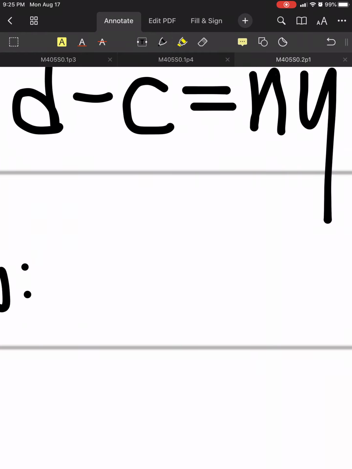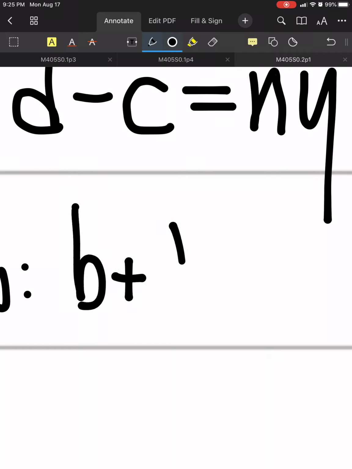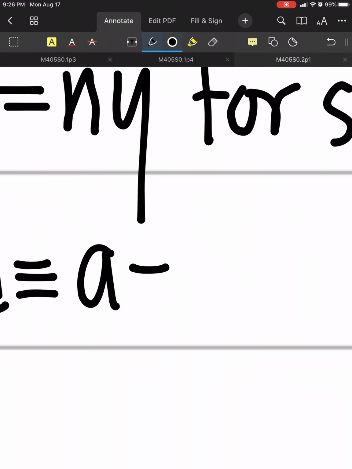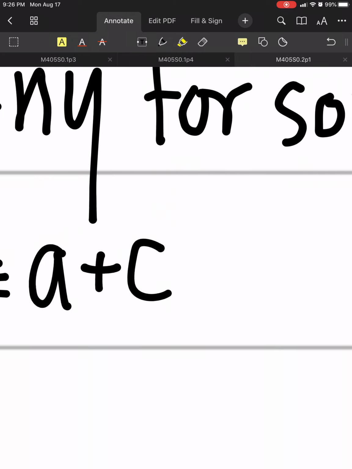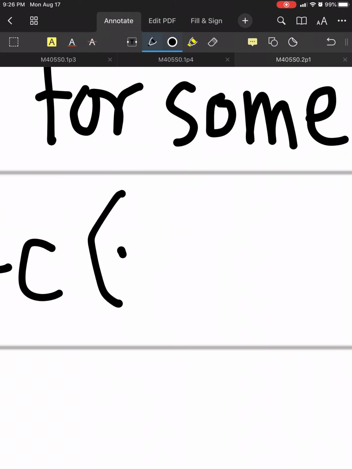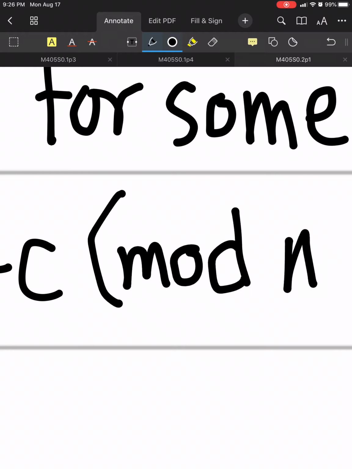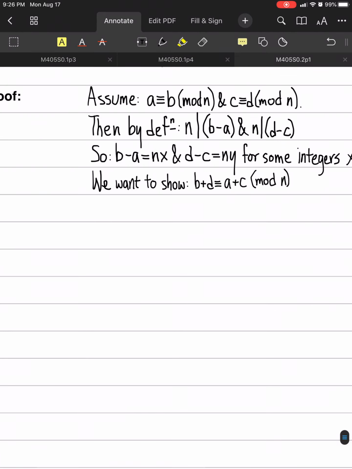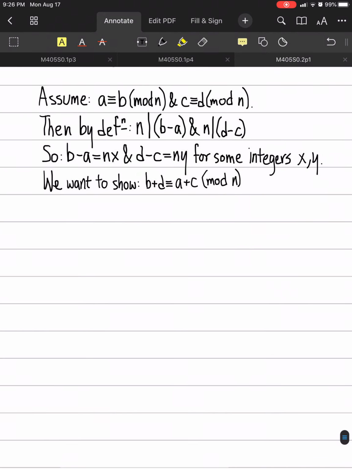We want to show B plus D is congruent to A plus C mod n. And remember here, it's useful to think of this again in terms of the definition of congruence mod n. So we want to show B plus D is congruent to A plus C mod n.